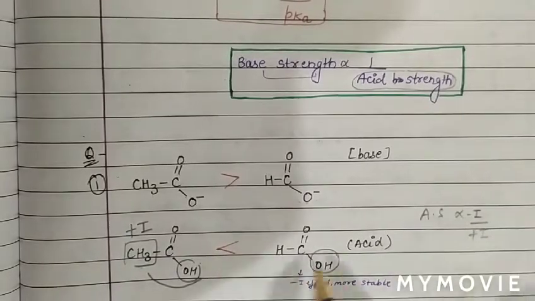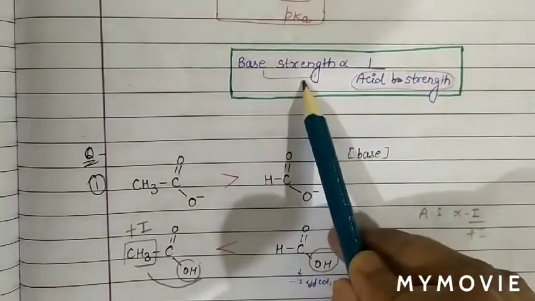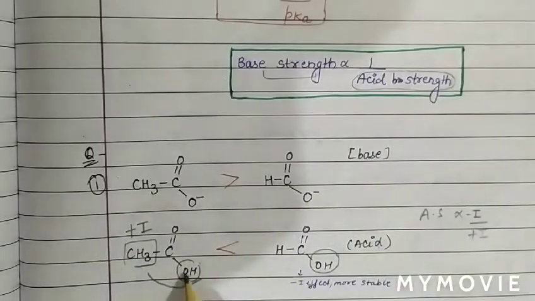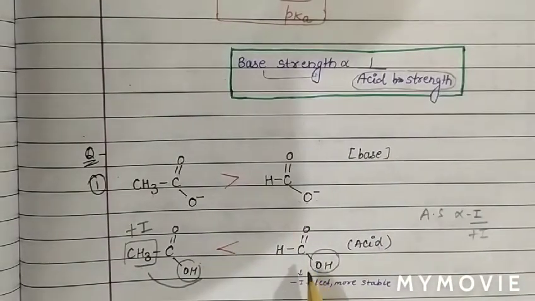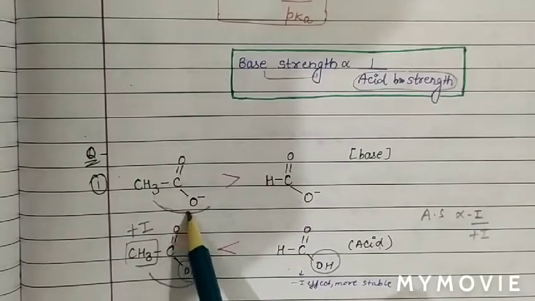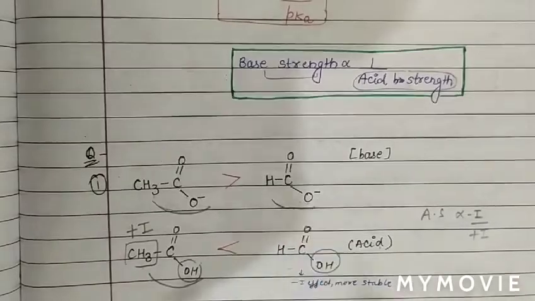So we know the order of acidic strength and we know the order of basic strength is the inverse of acidic strength. So when we know the order of acidic strength, then reverse the order for basic strength. So in basic strength, the basic strength of acetate ion is more than the formate ion.